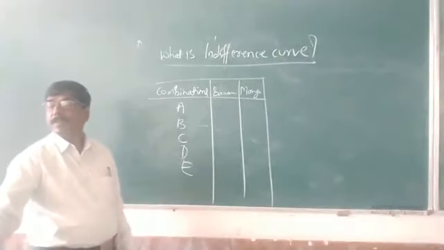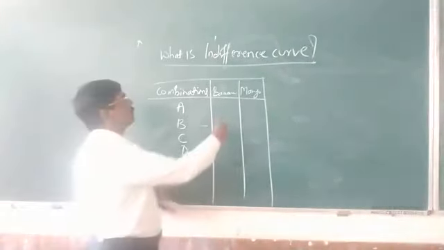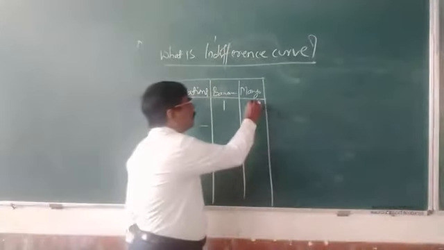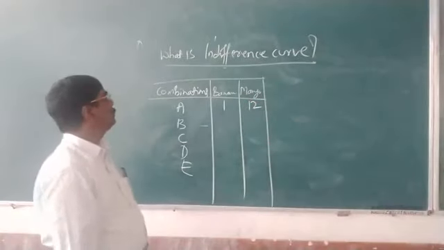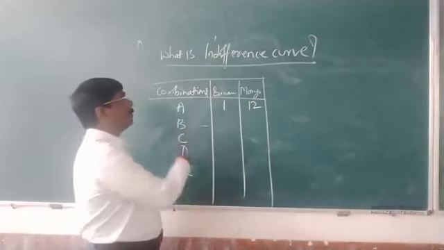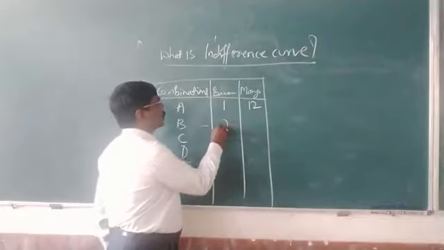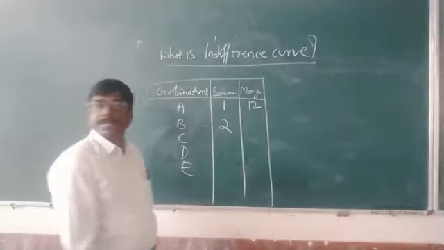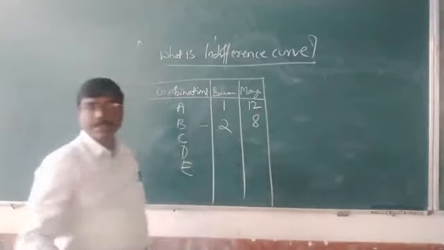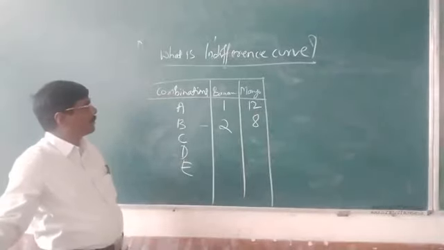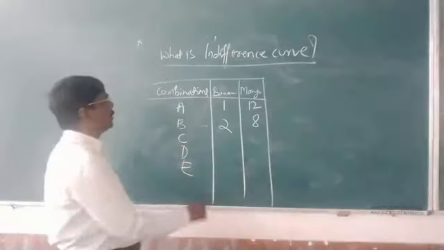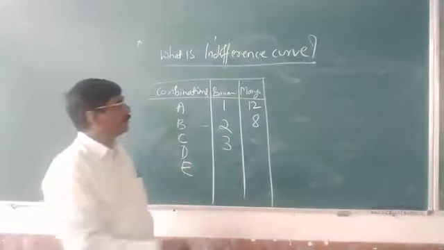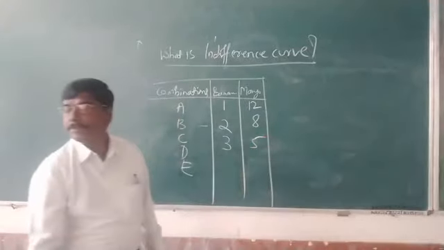So here the A combination includes one banana and 12 mangoes. The B combination includes 2 bananas and 8 mangoes. The C combination has 3 bananas and 5 mangoes.